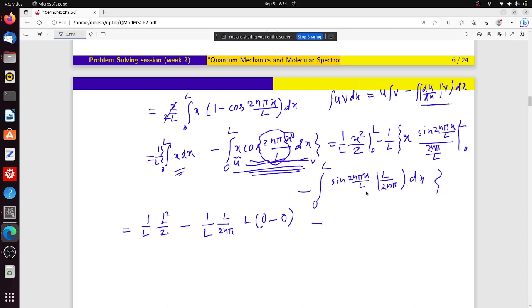Then minus the integration of this one: 1 over L is there, then L over 2 n pi, then the integration of sine is minus cos, and actually we take off this minus, so it's plus now, cos.